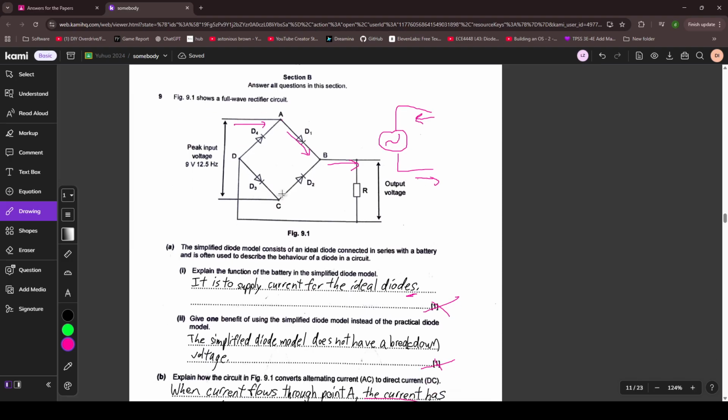And then I suppose we can see the opposite when it's in the negative half of the input. Now D2 and D4 act like closed switches, and D3 and D1 act like open switches. And as such, the current will flow from CB to DA.